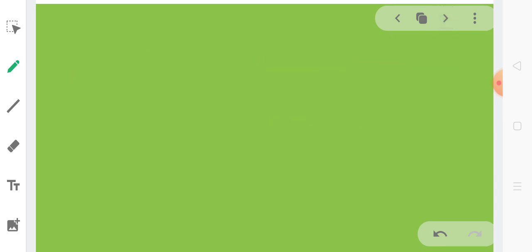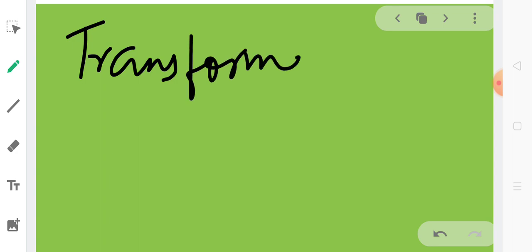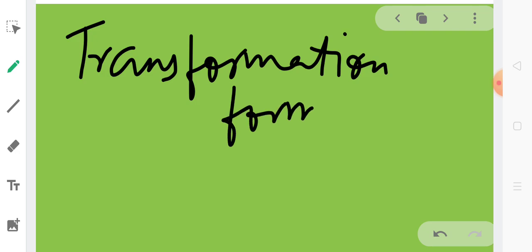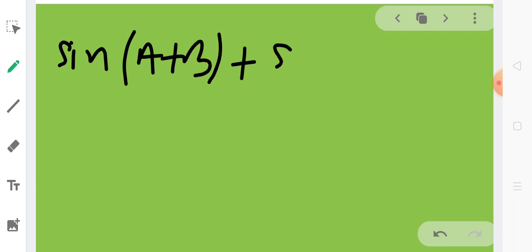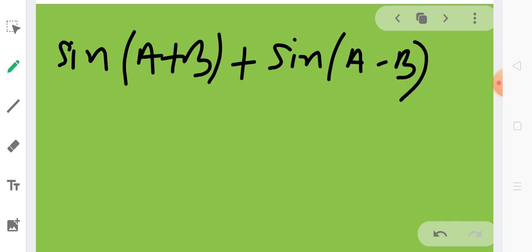Now, next we will discuss the transformation formula. Like for example, if I add these two, sin of a plus b plus sin of a minus b, then what will you get?